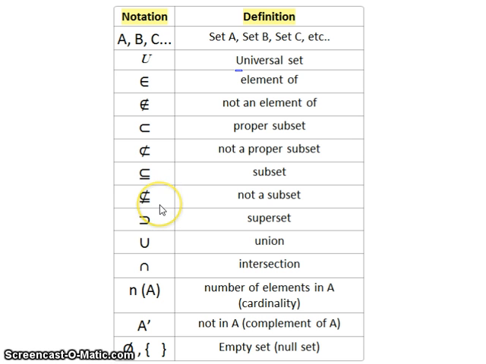Subset, not a subset. Superset, union, intersection, number of elements in A or the cardinality. The symbol is n(A). A complement, or not in A. This is an empty set or null set.